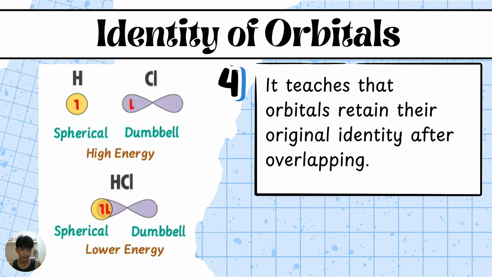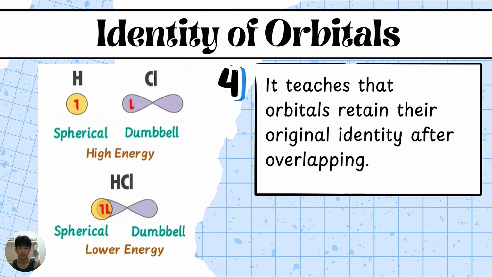For an example, here we have hydrogen and we have chlorine. So you can see one is spherical and one is dumbbell shaped. Even after mixing together, or bonding rather, hydrogen is still spherical and chlorine is still dumbbell shaped.